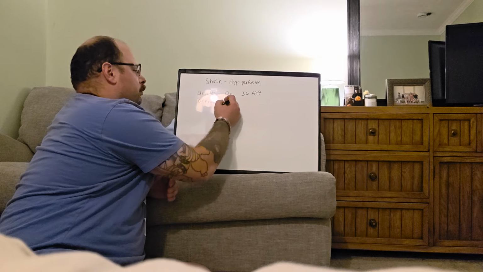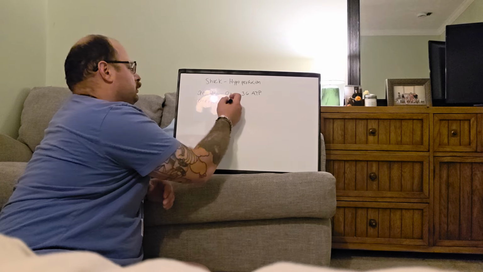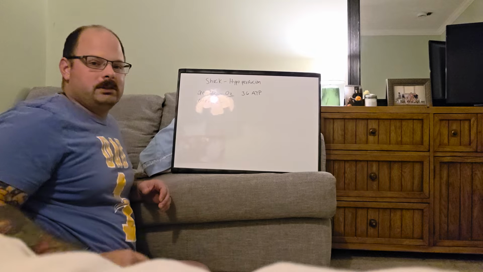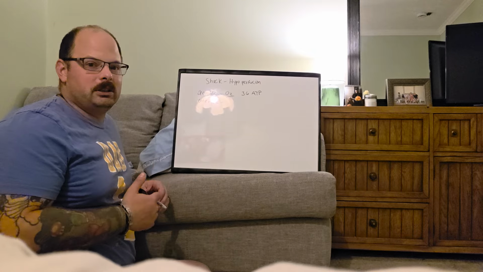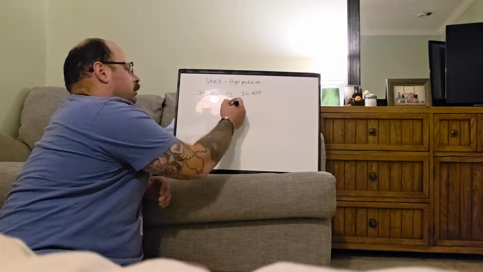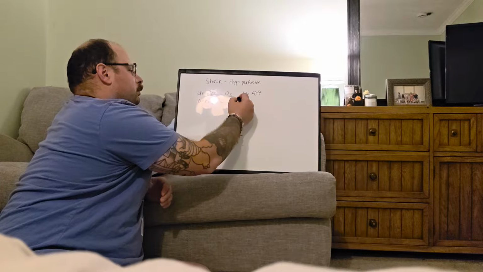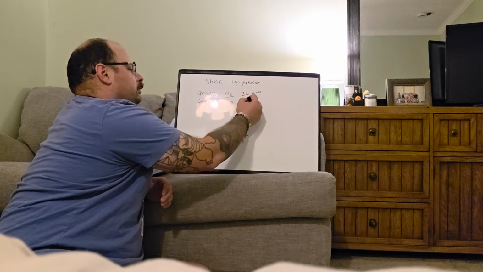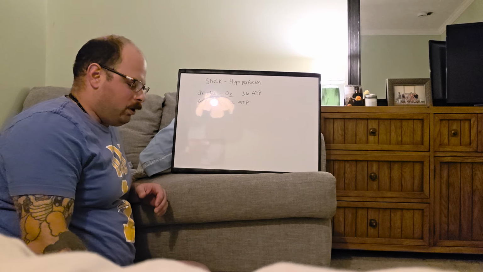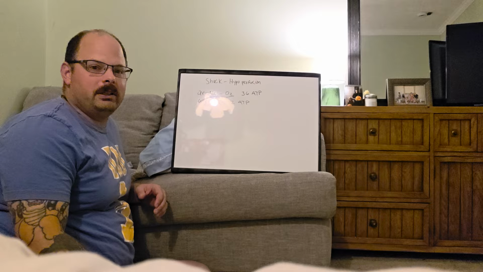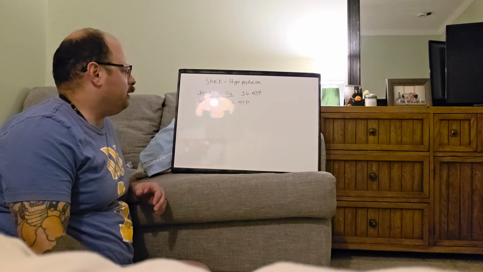In anaerobic metabolism, that is when your body is starved of that oxygen, it has to produce that energy somehow. And long story short, in that anaerobic process, you only get 2 ATP. So it is far less of an efficient process than aerobic.